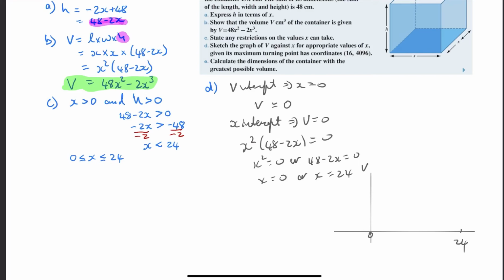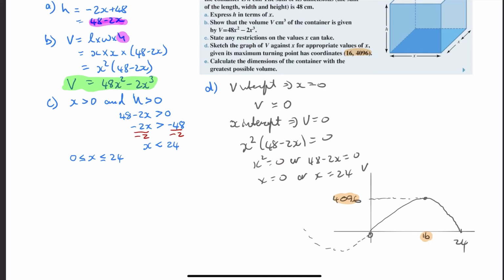So my graph is going to look like this, and it would have looked like this if I carried on the other side. So this is how my graph will look. They say sketch it if we know that the maximum is at 16. So the maximum is at x equals 16, and the volume is 4096. Those values come from my equation.